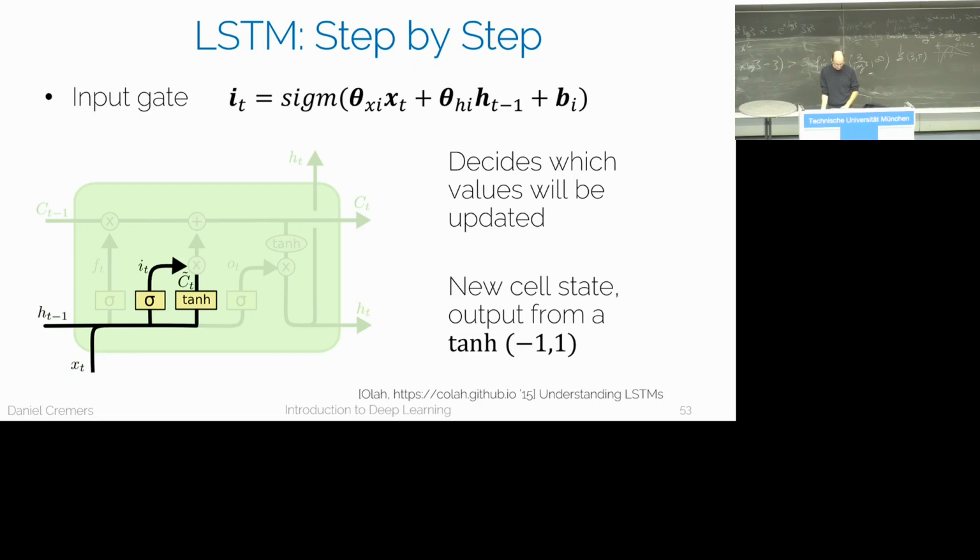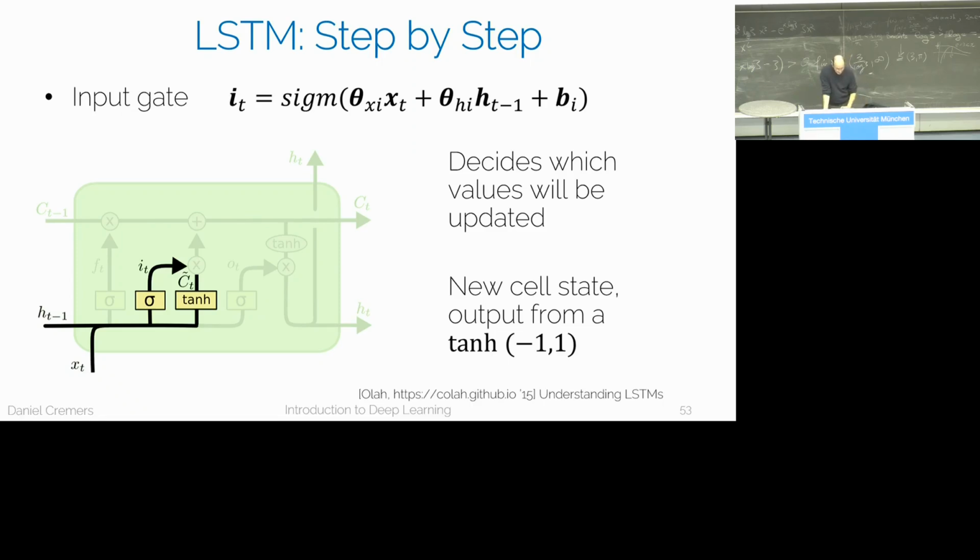So I have 3 parameter sets for the forget gate, 3 parameter sets for the input gate. And they are all learnable, right? The whole point is that this is all, as always in the deep learning world, differentiable. So I can backprop and learn all of these parameters that tell me what information to keep and what information to drop.